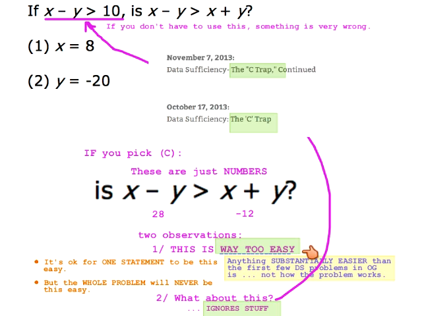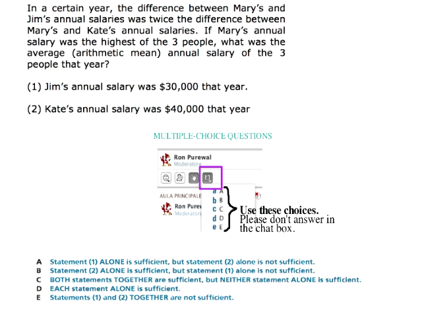Remember, really, if you are doing something that is way too easy and you are ignoring stuff, then you're wrong. Way too easy. Ignoring stuff. Ladies and gentlemen, if you're picking answer C to this problem, yeah, don't do that.